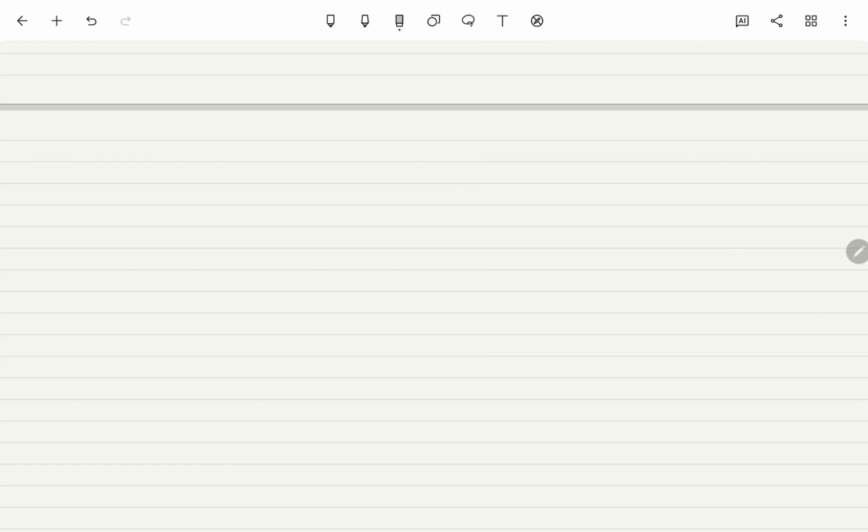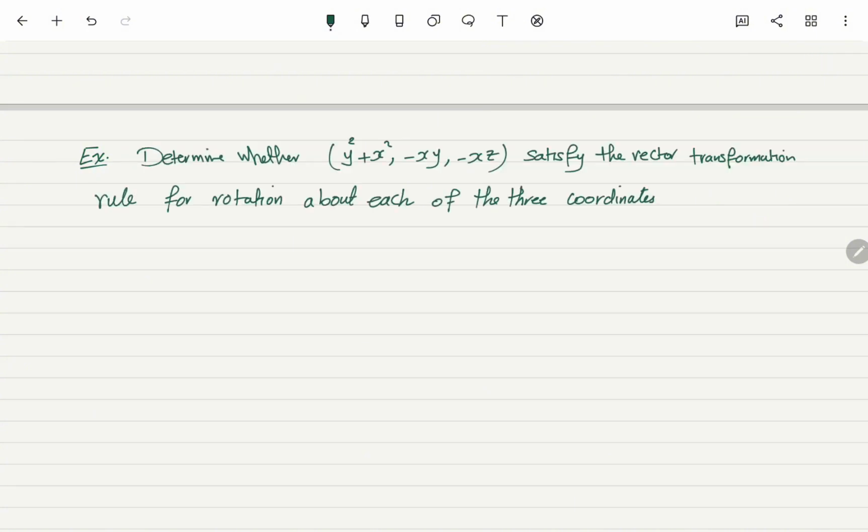To understand this, let's have an example. Determine whether y squared plus x squared and minus xy and minus xz satisfy the vector transformation rule for rotation about each of the three coordinates.